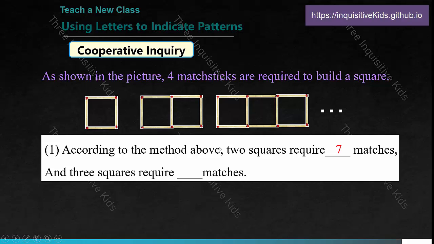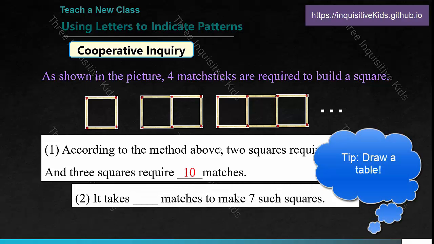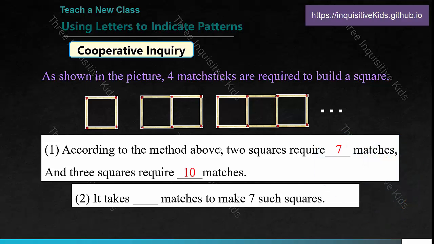And then 3 squares is going to add 3 more on from that 7 we already have. So that's going to be 10. And 2. How many matches does it take to make 7 such squares? So I'm going to pause here for a moment, and first, without learning anything yet, try to find the pattern.